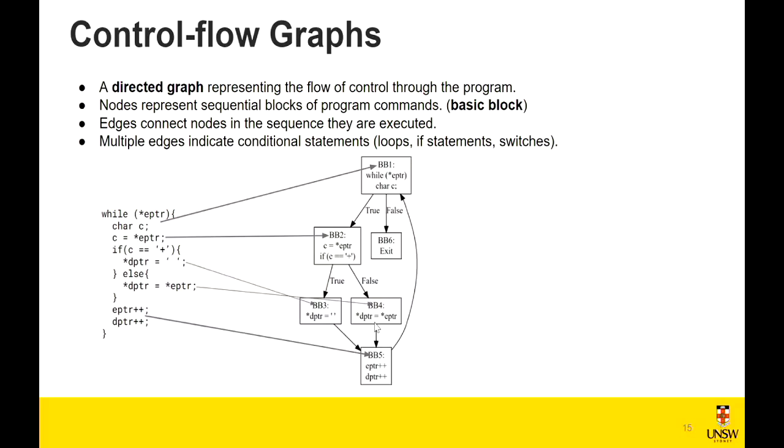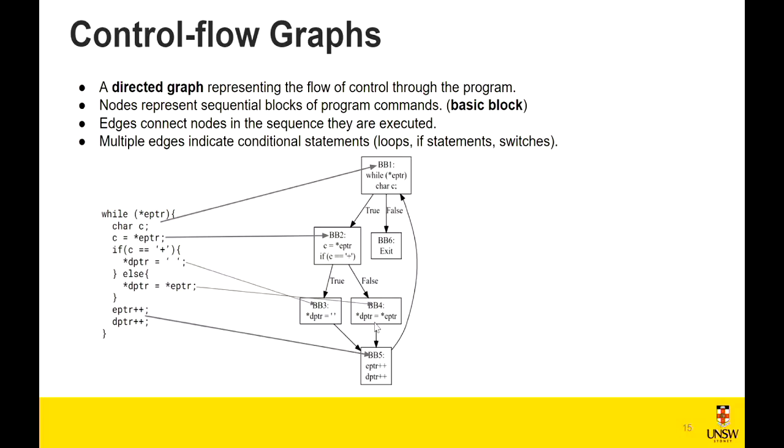So as I said, we are more interested in control flow graphs. A control flow graph is a directed graph representing the flow of control through the entire program. It is a directed graph, which means that the edges have directions, showing how control is passed from one block to another. Each node represents a sequence of program statements.